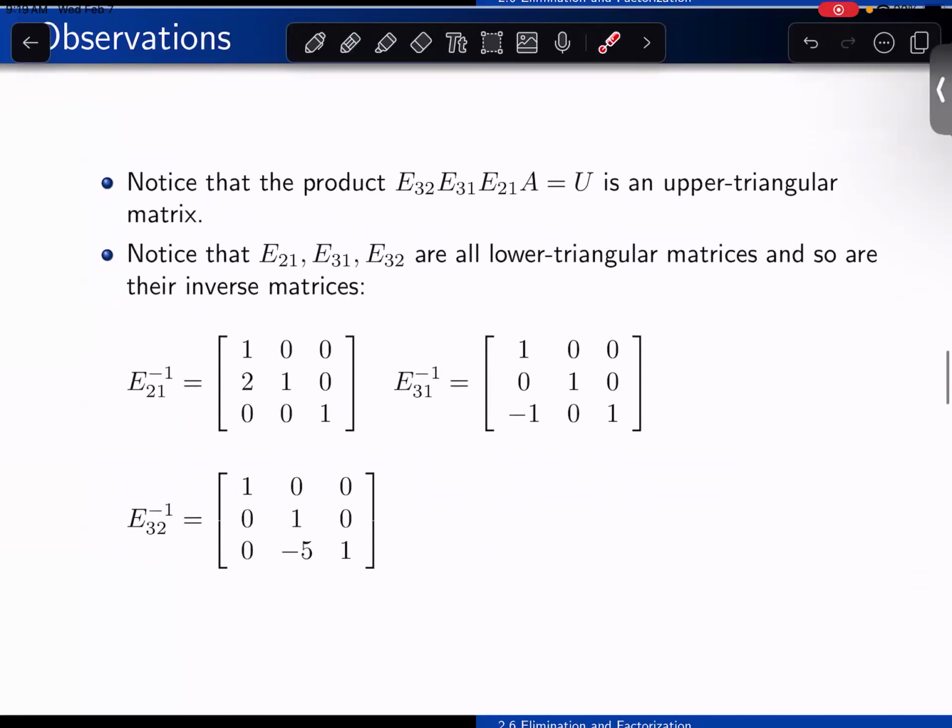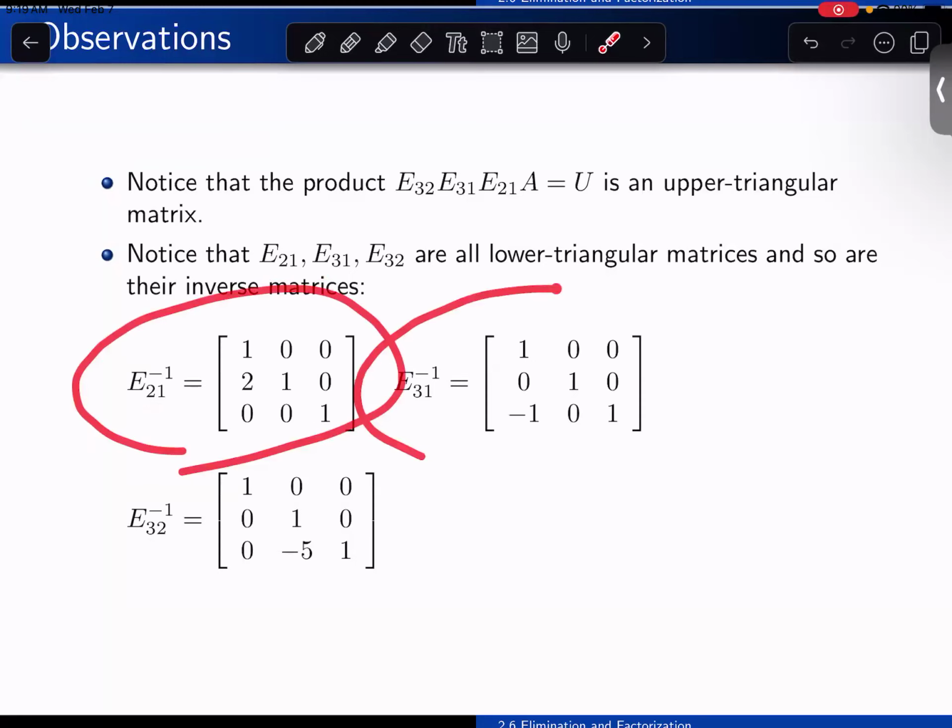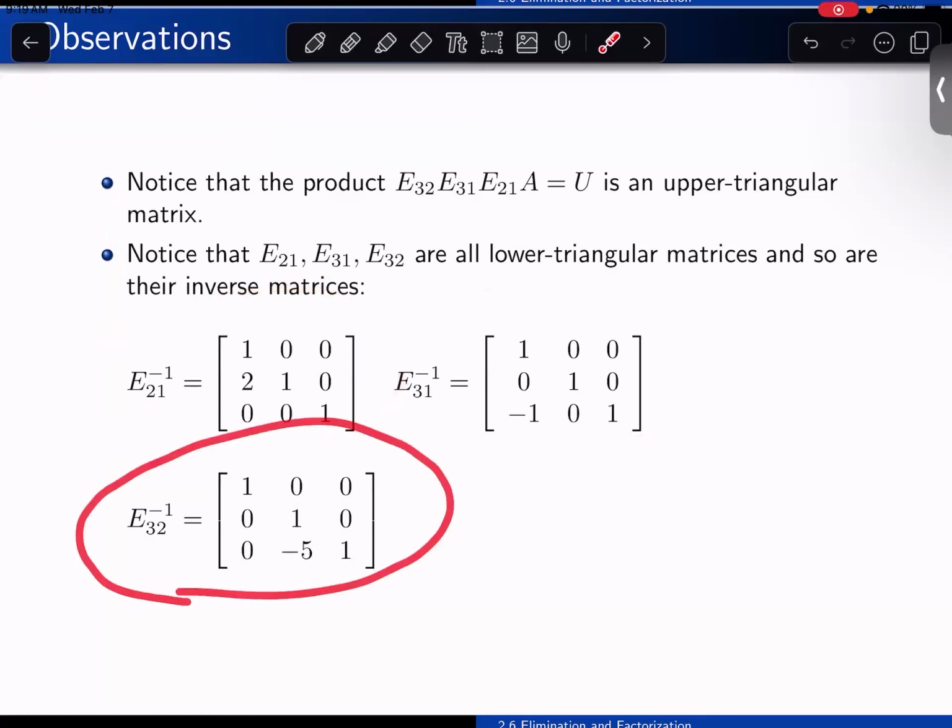The only quirk that's going on is we're not actually considering E21, E31, and E32. Instead, we're going to be considering the inverses of these elimination matrices. So we're going to be looking at E21 inverse, E31 inverse, and then E32 inverse.